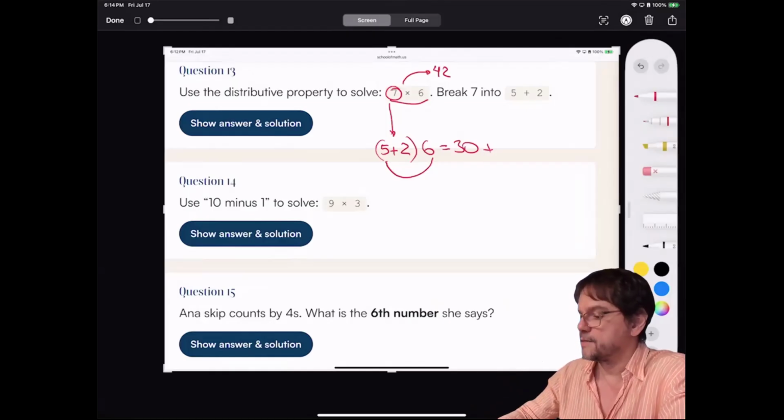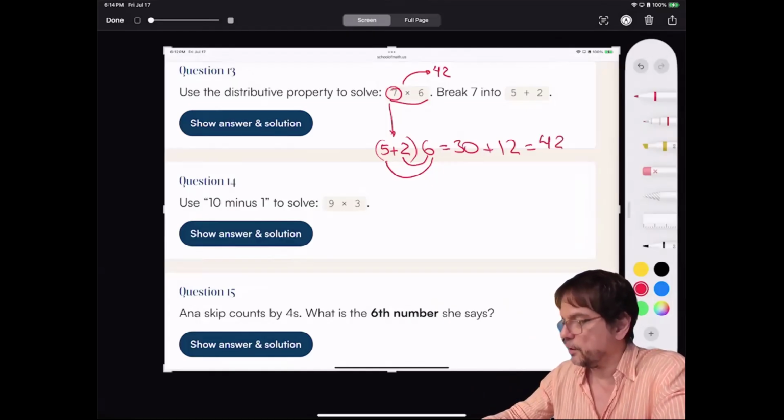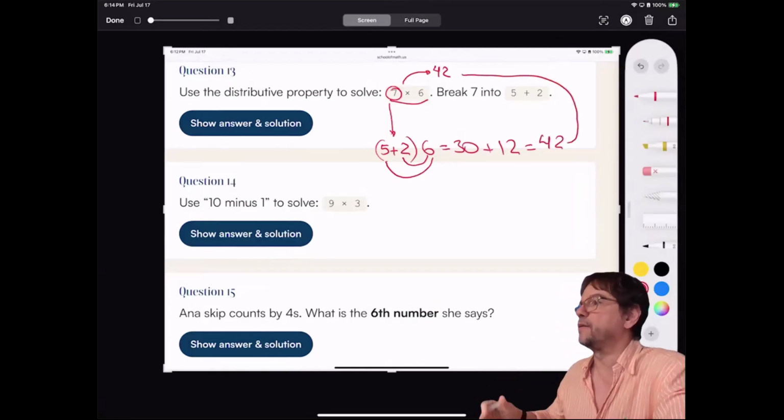No. 6 times 2. Do you agree? Now I distribute it. Is that okay? 6 times 2 is 12. 30 plus 12. Perfect. Look, we found the same number, but with different techniques.